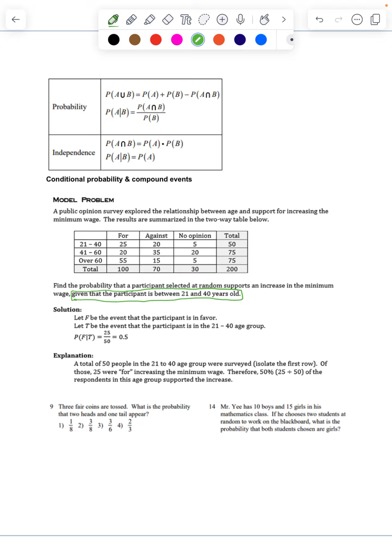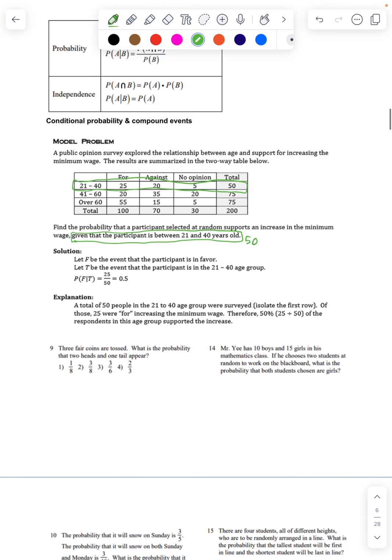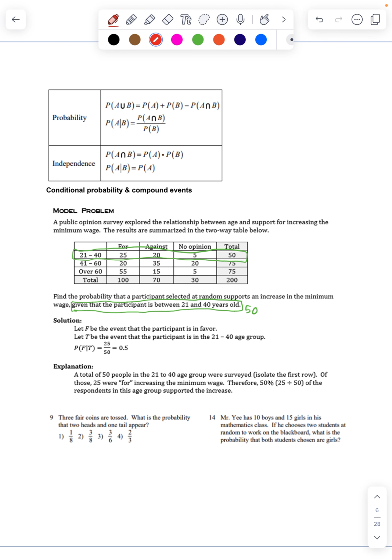So, given that a participant is between 21 and 40 years old, how many people are between 21 and 40? Regardless, it's 50, so this is going to be 50 right here. And find the probability that a randomly selected person wants an increase in minimum wage. Out of all these 21 to 40-year-olds, how many are for increasing the minimum wage?